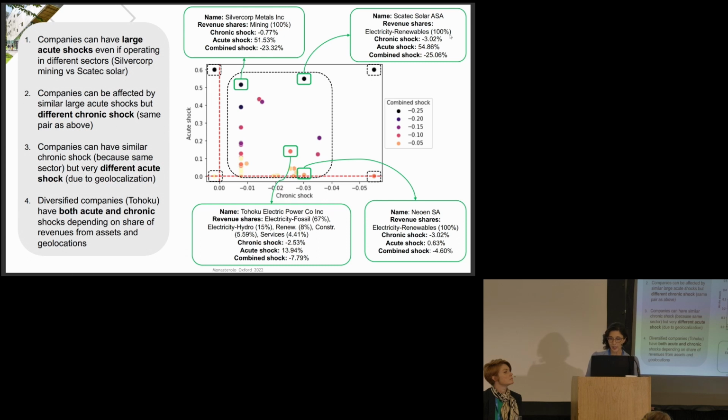And finally, we have a company which is highly diversified in its revenue composition, which is Tohoku Electric Power. So it has revenue shares from electricity fossil, electricity hydro, which is this one in the middle, renewables, construction and services, which has actually led to a large chronic shock which interplays with the acute shock.